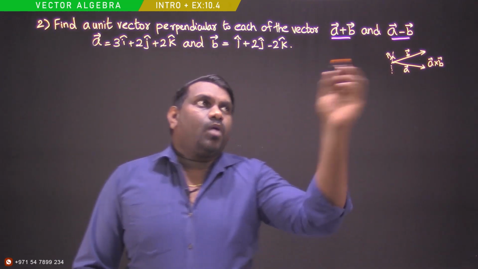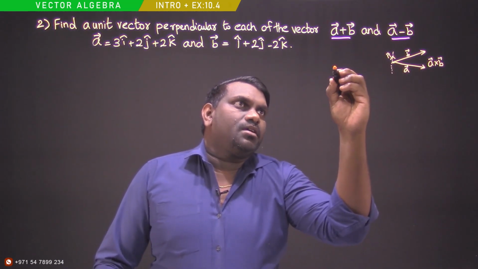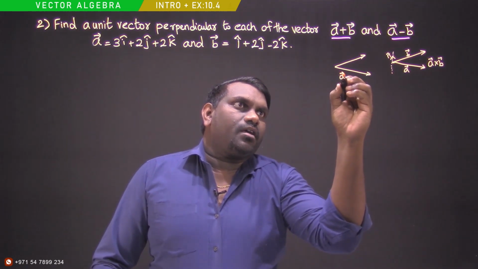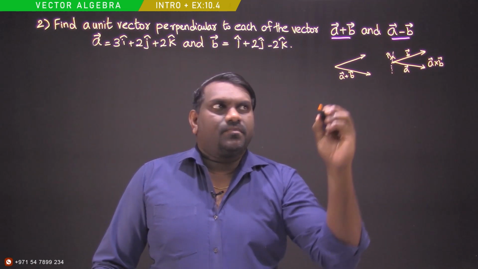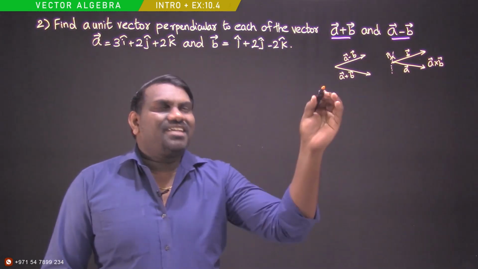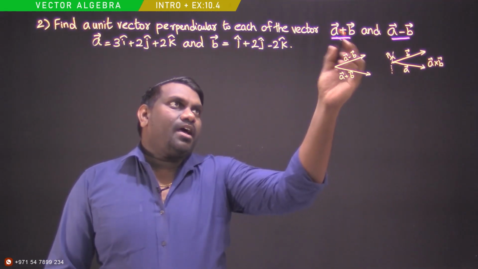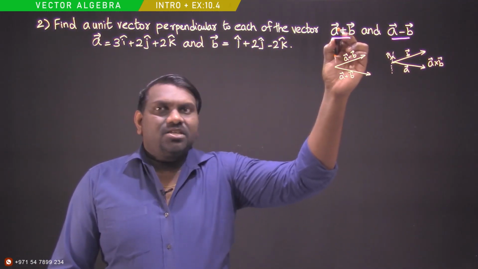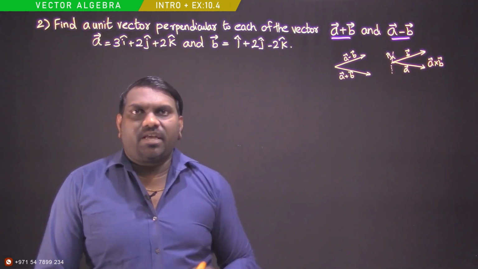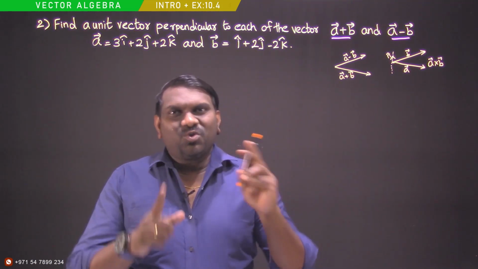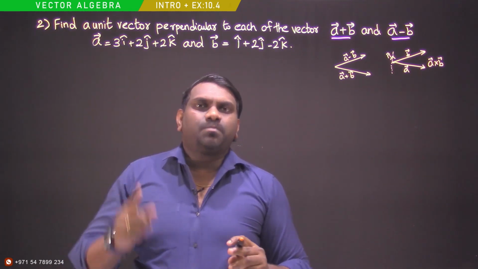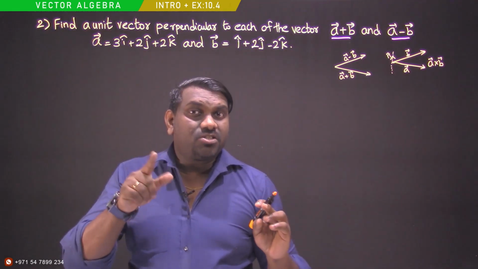Over here, what got replaced with A and B is this one, which is A vector plus B vector, and this one is A vector minus B vector. That is the difference you have. So you have two vectors, one is A and B combined together, and one is B subtracted from A. When you take the cross of those two, you will get a vector which is perpendicular to these two, but I cannot say it is a unit vector.